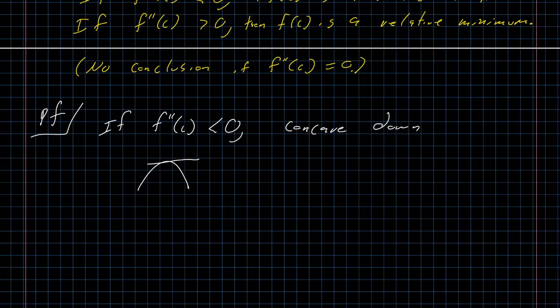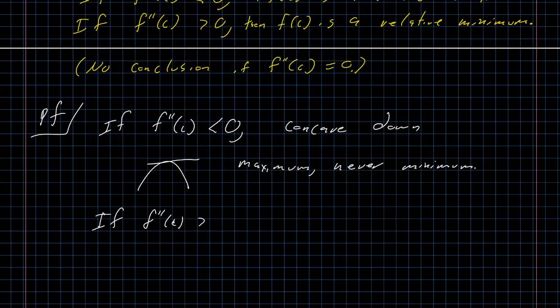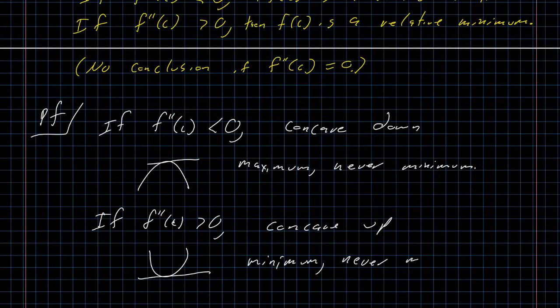It has a maximum and never a minimum. And if f double prime of c is greater than 0, then that means that the graph looks like this. And that tangent point can be a minimum and never a maximum.